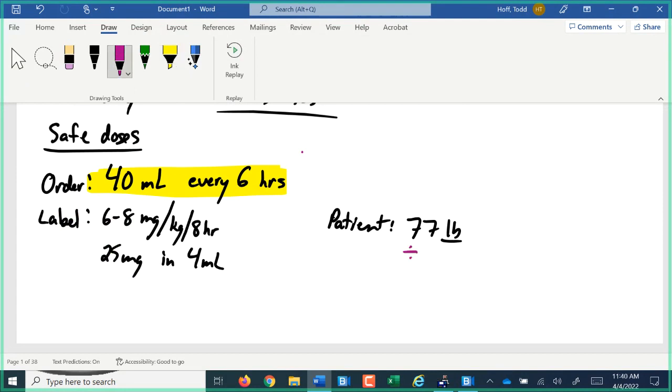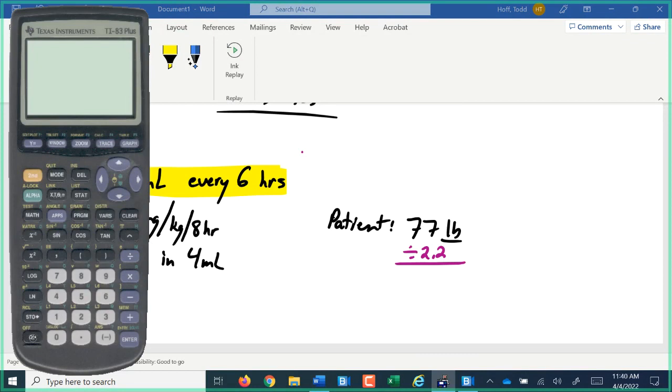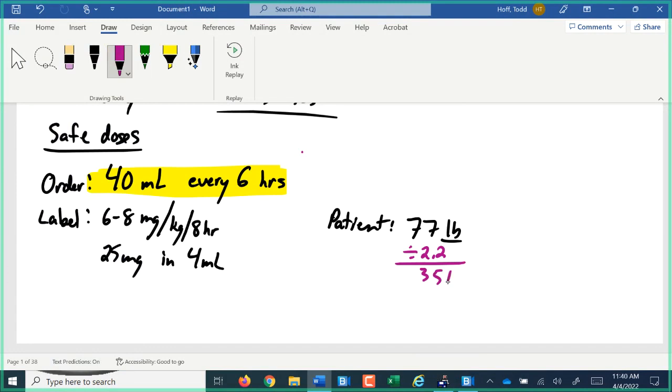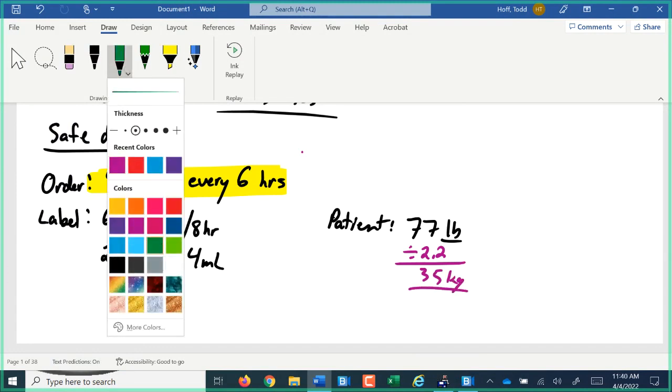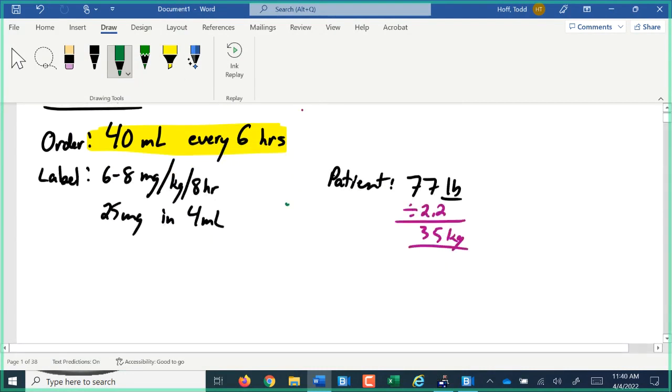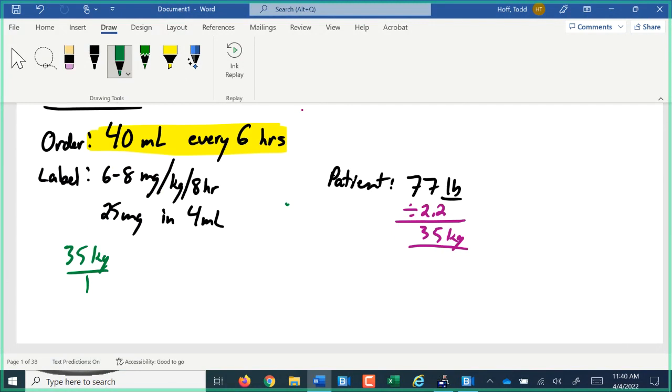Start off with our patient who is 77 pounds. We're going to divide by 2.2 to convert that into kilograms, giving us 35 kilograms for our patient. So that's the number we will use to start our calculation for our safe dosage. 35 kilograms, we're going to put that over 1 to make it a fraction.